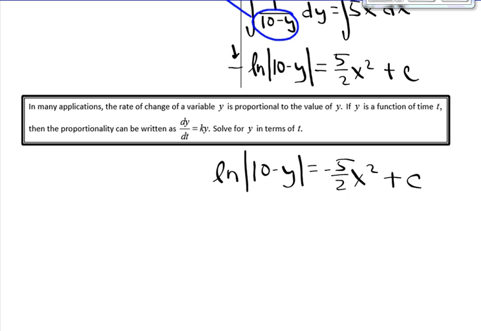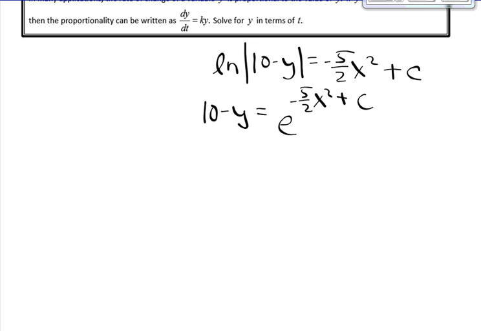At this point, I can take e to the on both sides, so 10 minus y equals e to the negative 5 halves x squared plus c. Now, we've already talked about when I have that plus c in the exponent of e, that can become a constant in front. So when I solve for y, the whole thing will become 10 minus capital C in front of e to the negative 5 halves x squared. Okay?